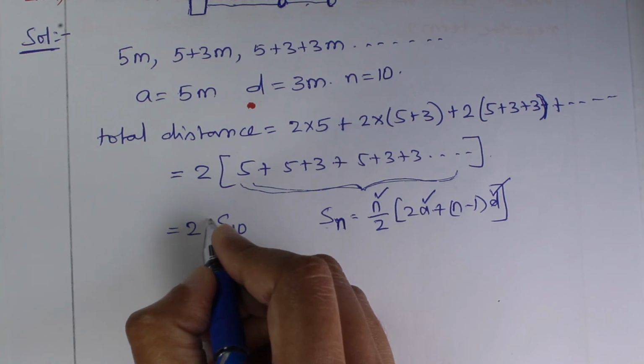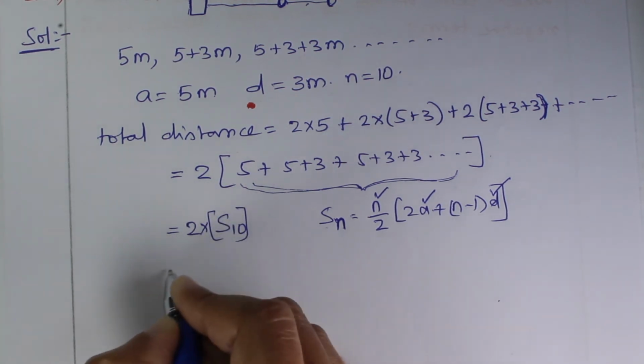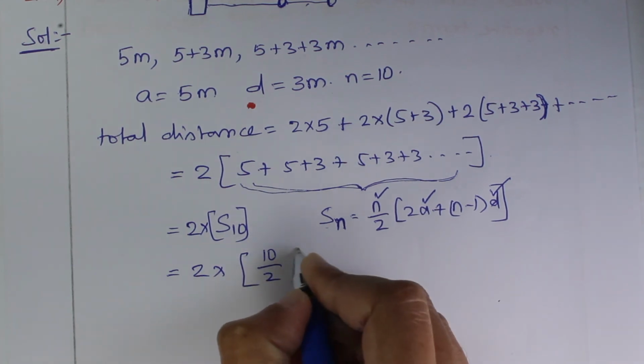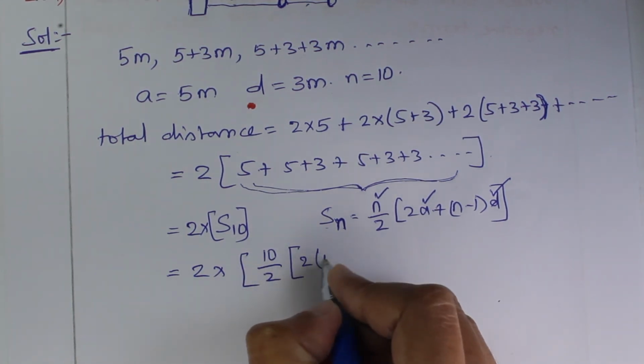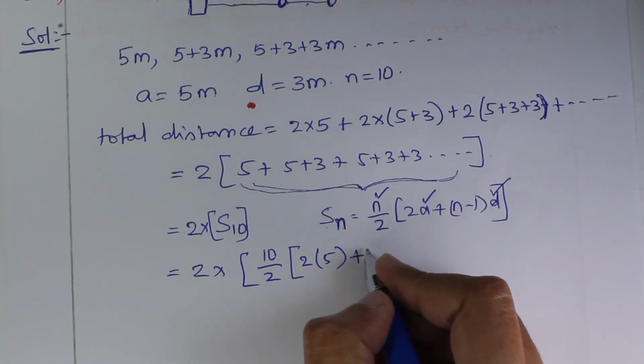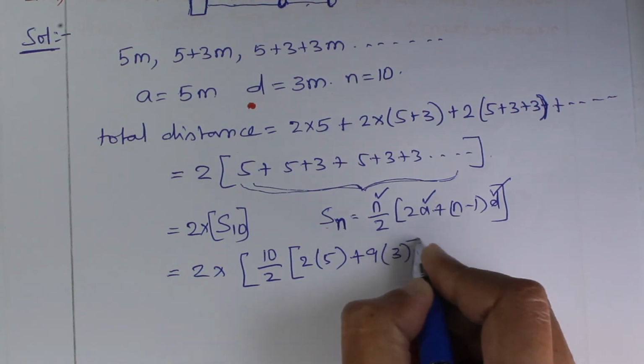And we can find out the distance travelled by using the formula of Sn. So the total distance becomes 2 into S10. So 2 into 10 by 2 into 2 into a, which is 5, plus n minus 1, which is 10 minus 1, that is 9 into d, which is 3.